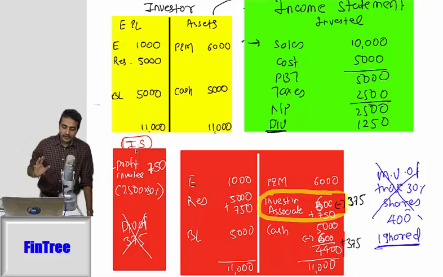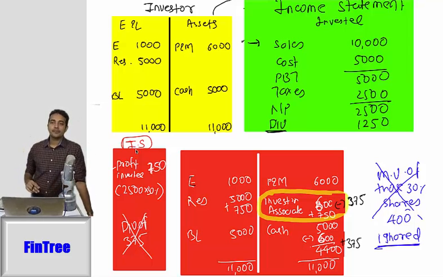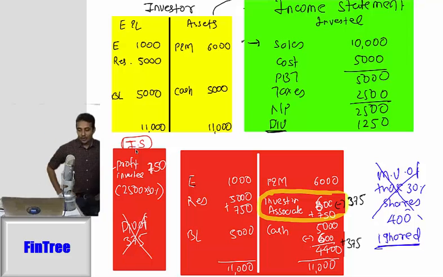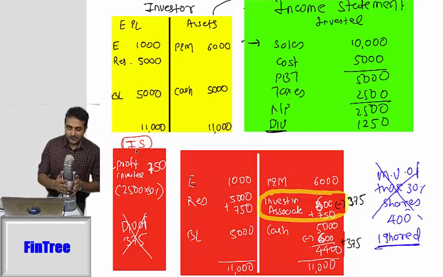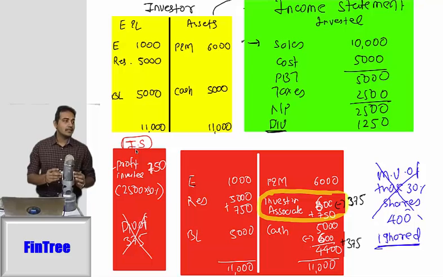So, see, now think of it this way. Have you finished writing this? Okay, let me repeat this one more time. It's not difficult, just try to think through this. We are saying investment in associates, which means we are looking at this as a business partner, an extended part of your firm.